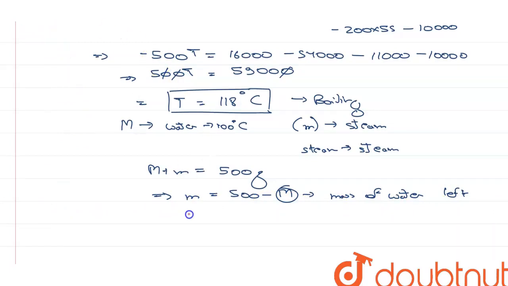So now I'm once again going to write all the heat energy that is being transferred inside the system. But this time I will use the value of temperature T from here, and I will add one more term to account for the fact that some mass of the mixture is converted into steam. So let's once again write it.